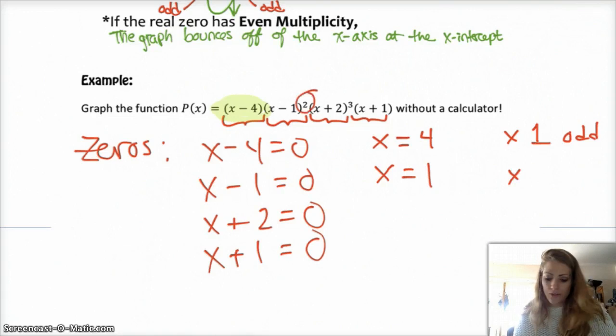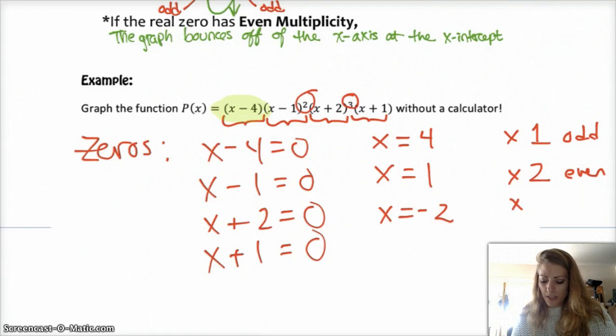Notice the squared on there. So that's even, so that's going to bounce. The x plus 2 to the third means the zero, x equals negative 2, has multiplicity 3, which is odd. And x equals negative 1 has multiplicity 1, which is, again, odd.